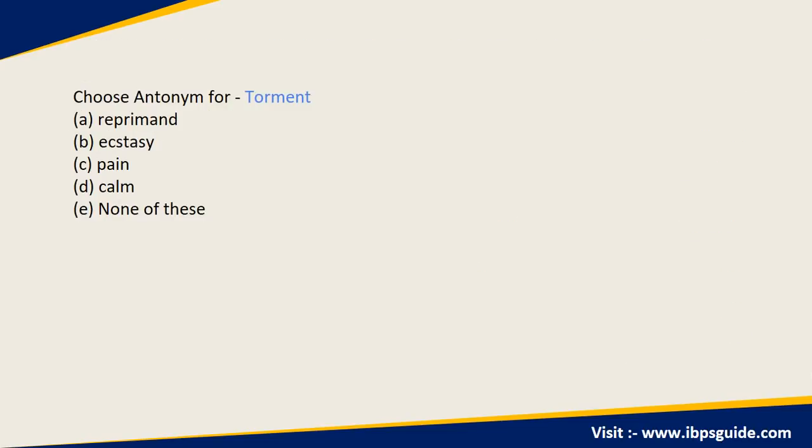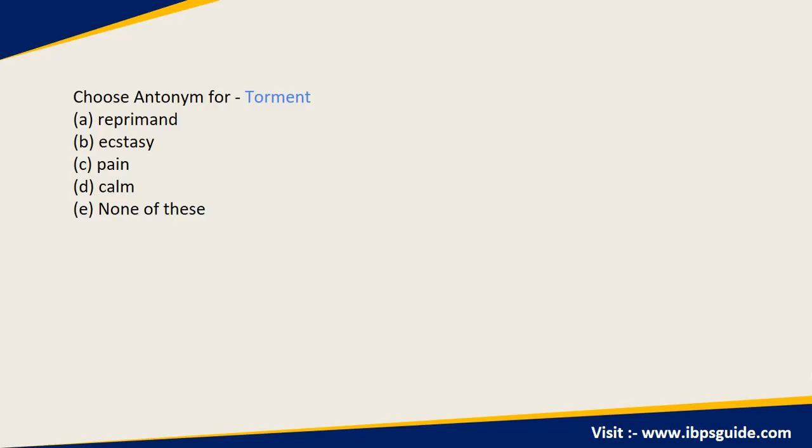Now let's look at the question. The question is, choose antonym for torment. Options are reprimand, ecstasy, pain, calm, and none of these. Okay, so ecstasy and calm are positive, reprimand and pain are negative. Since we already know that torment itself means something similar to suffering or struggle, reprimand and pain cannot be the antonym, right?